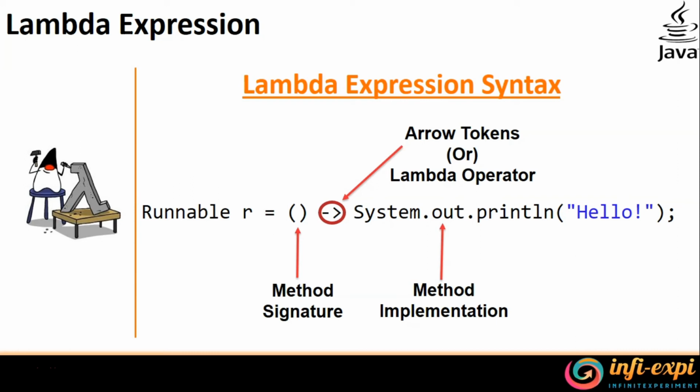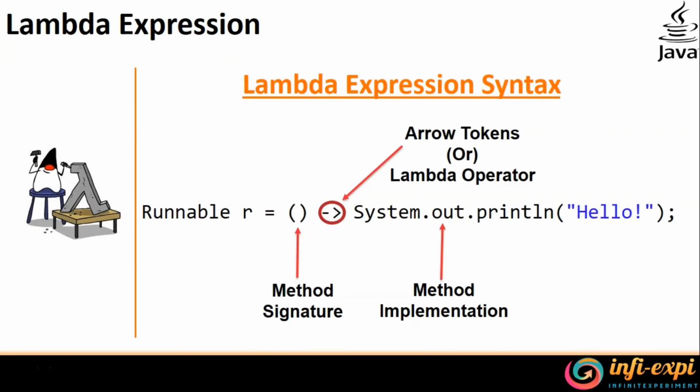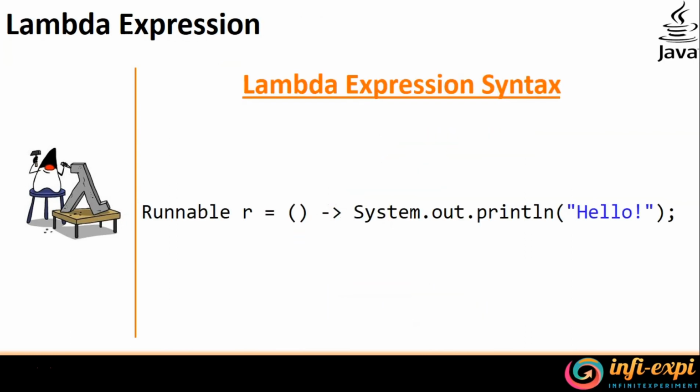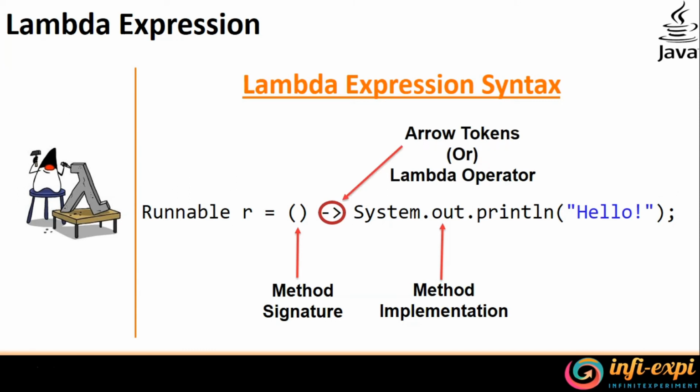Ultimately, if you look at the entire expression's decoding, it's pretty simple to understand that you have a method signature and a method implementation, and they are separated by the arrow token or lambda operator.